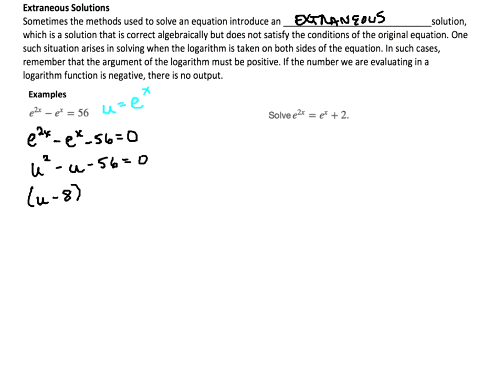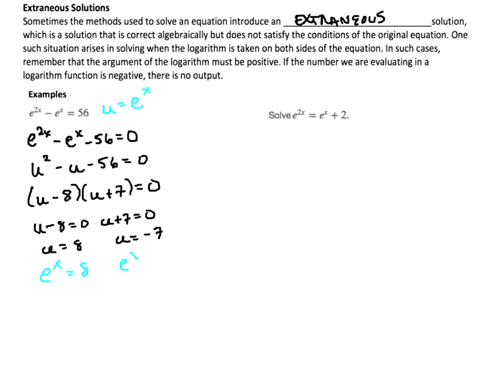So u minus 8 times u plus 7 equals 0. This means u minus 8 equals 0, or u plus 7 equals 0. Here u is 8. Here u is negative 7. If I substitute back in e to the x, I have e to the x equals 8, and e to the x equals negative 7.